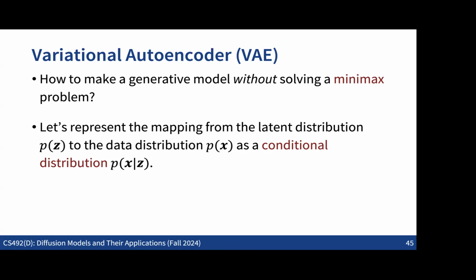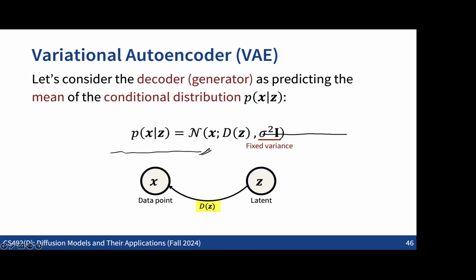For that, we are going to represent the mapping from the latent distribution to the data distribution as sampling from a conditional distribution. So we're going to start seeing ideas like introducing a conditional distribution.